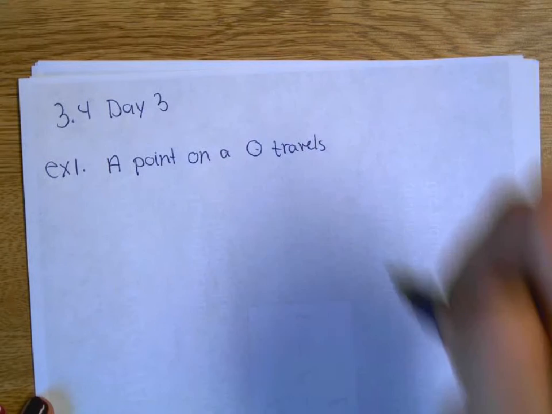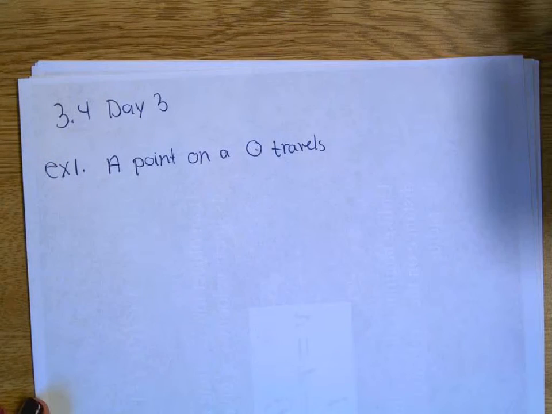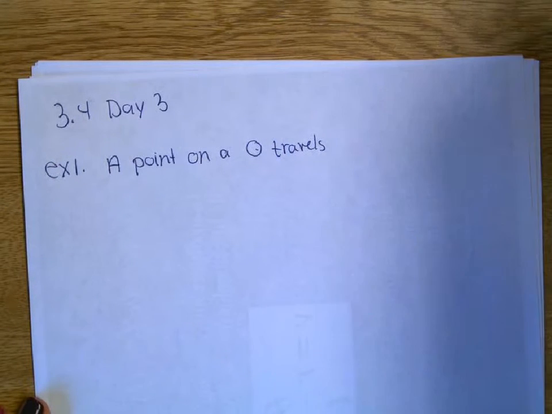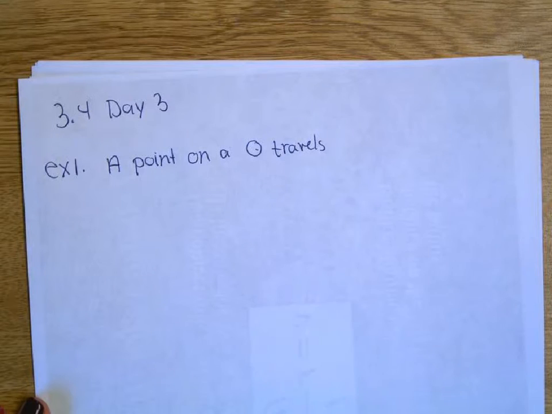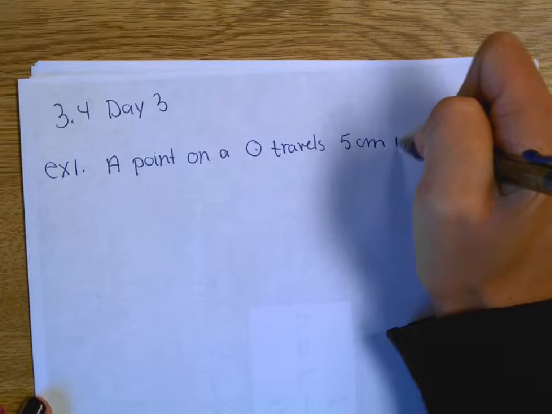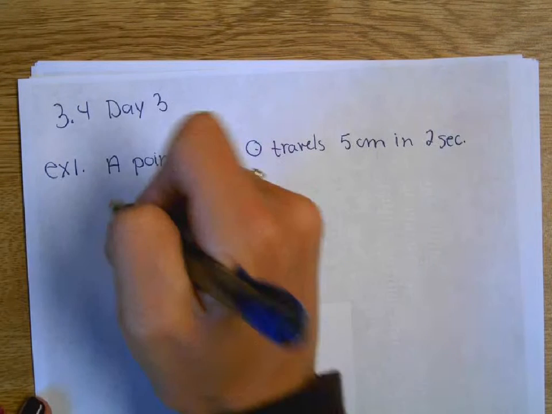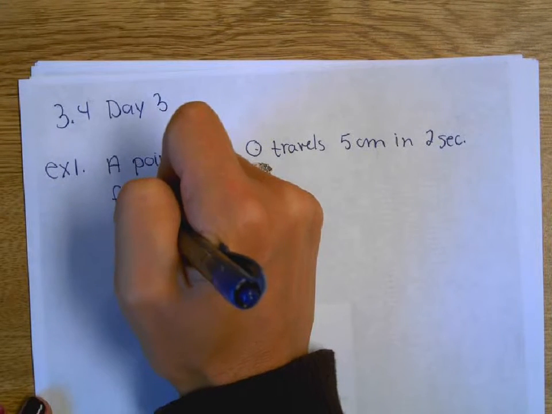Where'd Becca go? Oh, she's taking the quiz across the hall. Yep, you guys remind me... Schwartz. It's ground mace. Oh, that's good. Isn't that dangerous? I don't know. Travels 5 centimeters in 2 seconds. Ground mace. What is? I don't know. I've never used mace.